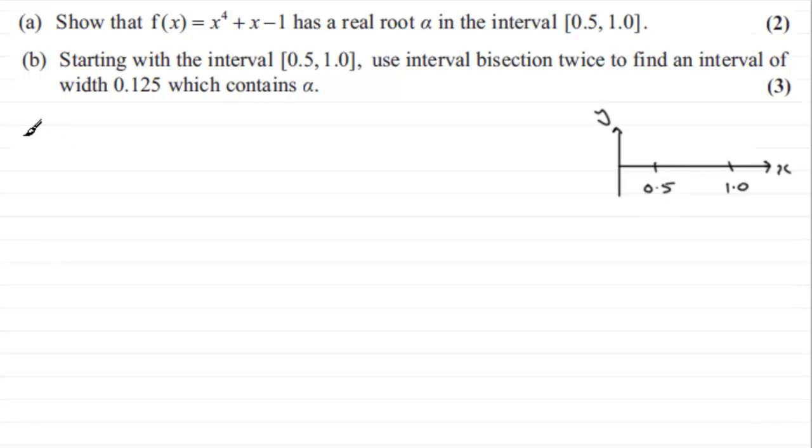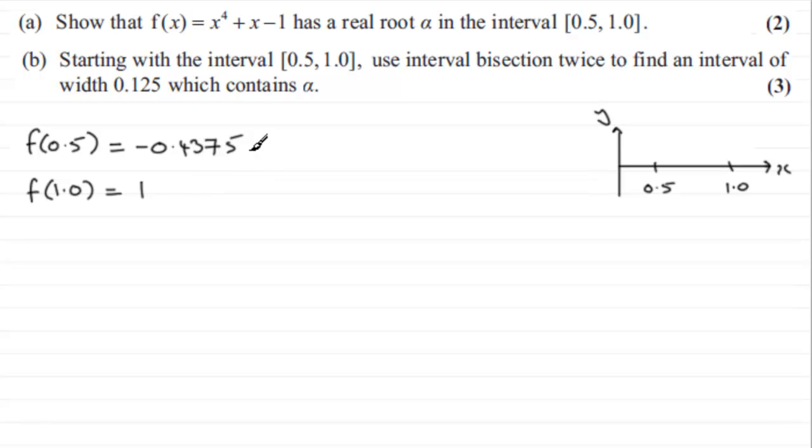So all we've got to do then is just work out what f of 0.5 is, and similarly what f of 1.0 is. Well, if you put 0.5 through here, you'll find that you end up with a negative value, minus 0.4375. And if you put 1 through here, you could do that in your head, it just turns out to be 1.